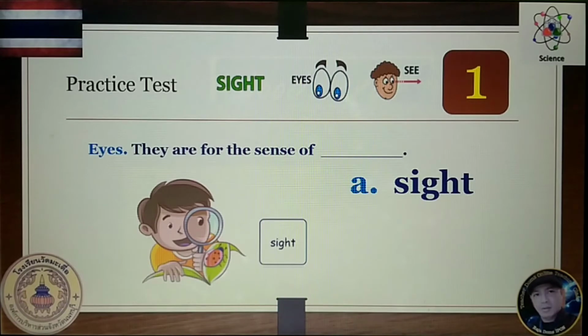Eyes. They are for the sense of A, sight.